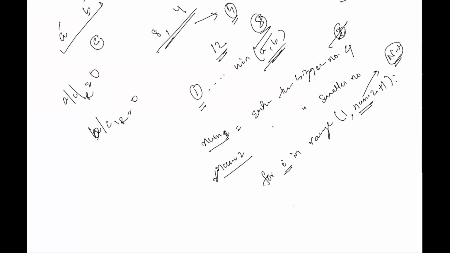So for I in this, I can say if num1 mod of I double equals to 0 and num2 mod of I double equals to 0, right? What I need to do, if it is 0, let's take another variable GCD equals to I.